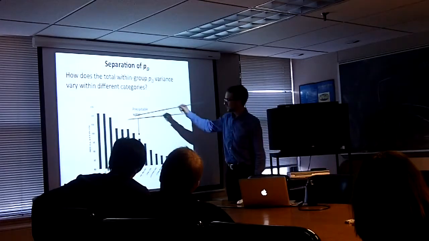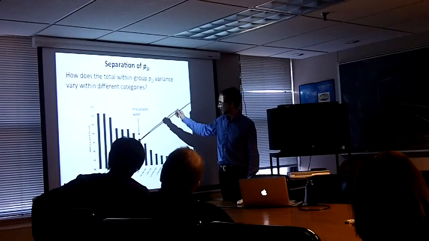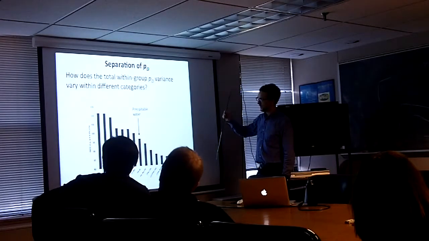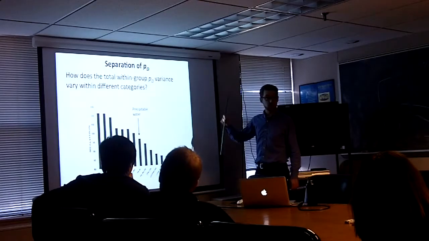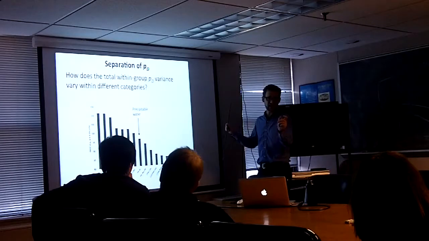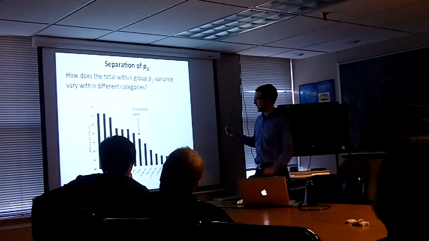And so to quantify that separation, I looked at the total within-group sum of squares error, basically the total error bar width. You want to minimize that total error bar width across all of the averaging kernels.